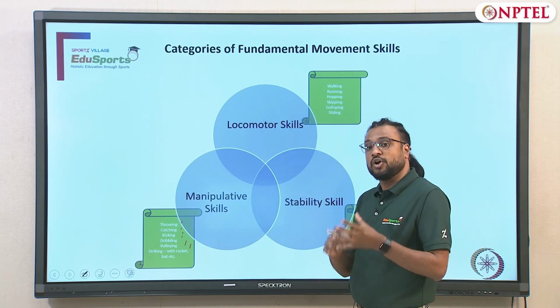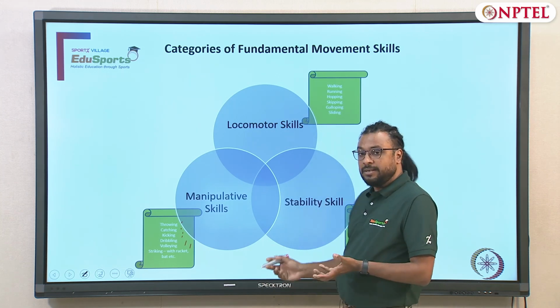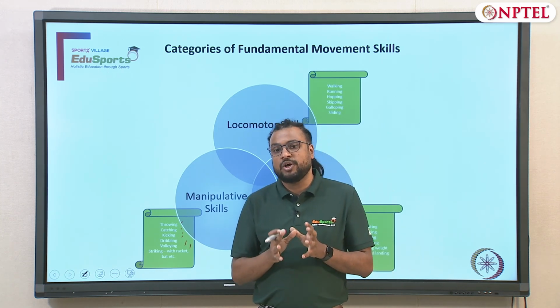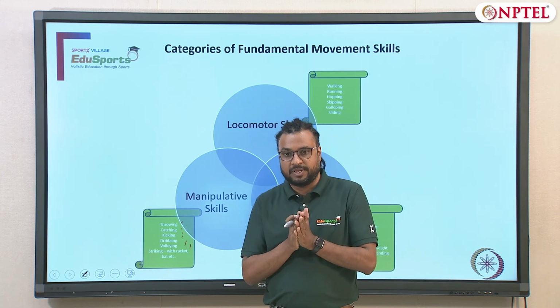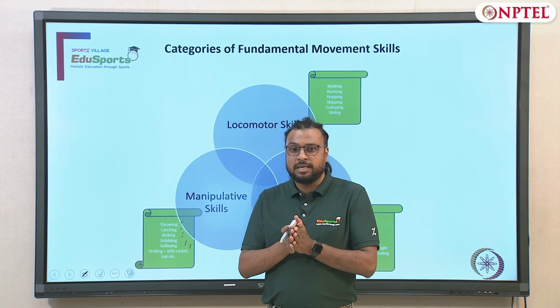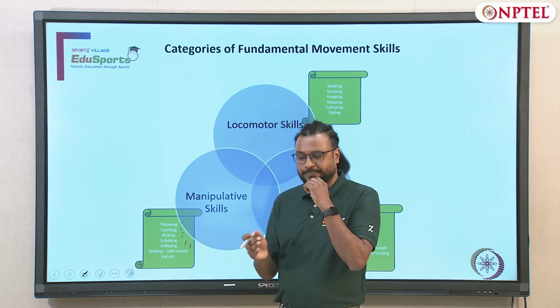Then the third, non-manipulative or the stability skill we call it, wherein you balance your body or you transfer your weight from one place to the other place, and maintaining the center of gravity, which is of course called a balancing skill.